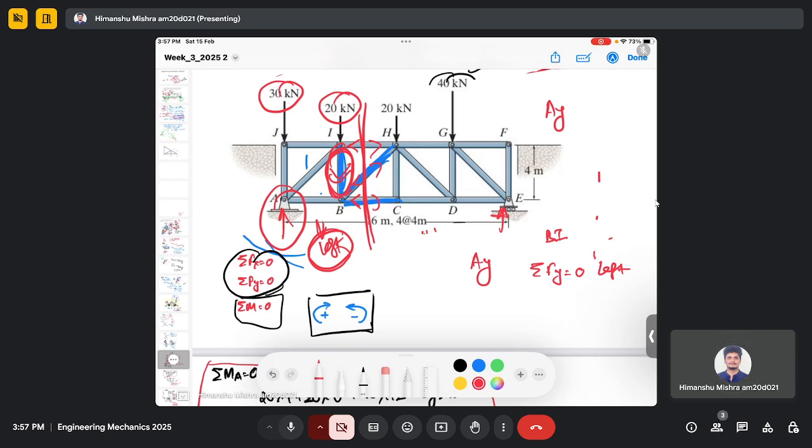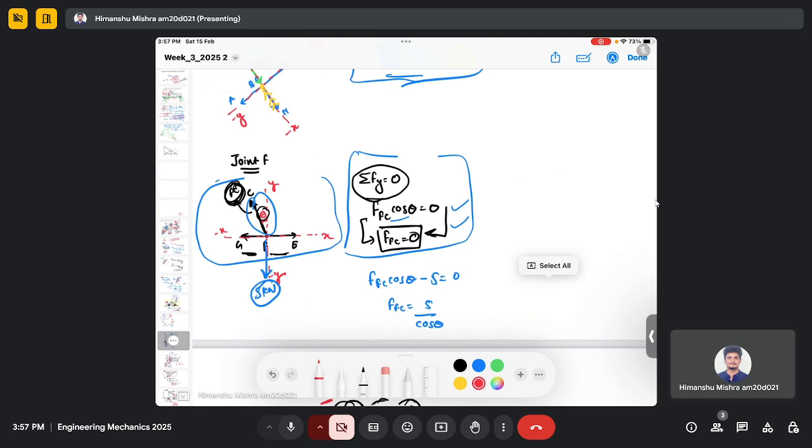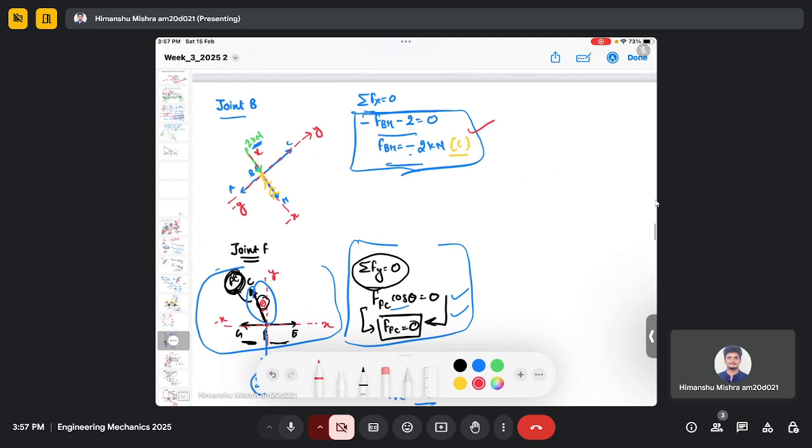Okay. Next question is how we initially decide the direction, and how it comes to be compressive or tension. So you just put some direction initially, but then you calculate whether it becomes compression or tension. How do you decide? I explained this in my last class.